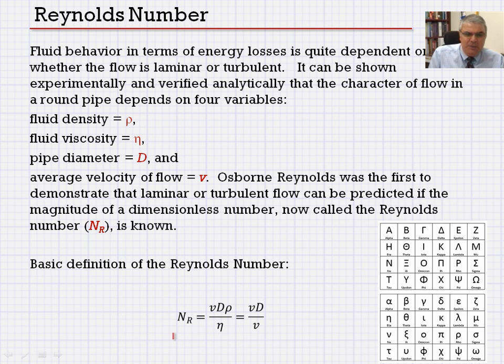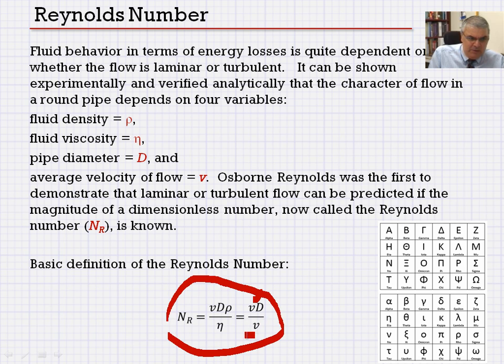The basic definition of Reynolds number is provided here as N sub R. And as you can see, we're going to expand this equation shortly. Please note that on the numerator, this is v, and down here, this is the Greek alphabet, which I'm going to take a look at shortly.